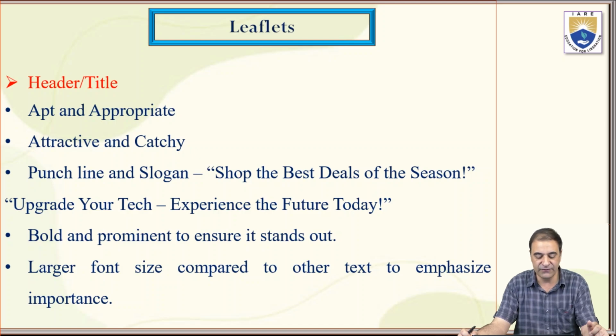Or if you have any tech company, you can write this punchline: upgrade your tech experience, the future today. Here we can use imperative sentences, imperative language, so as to attract the audience, so as to attract the purchaser.